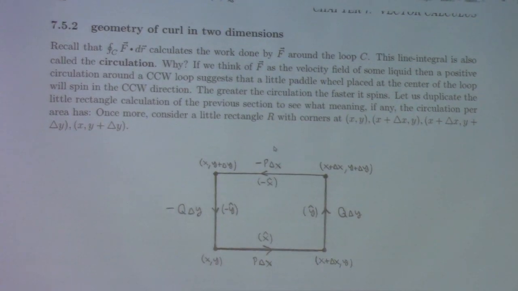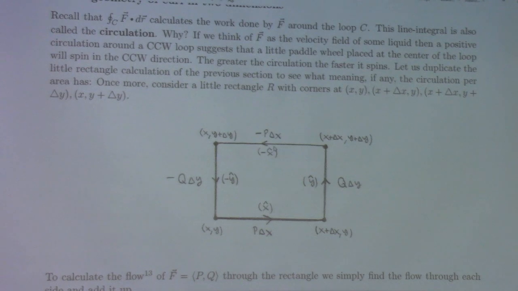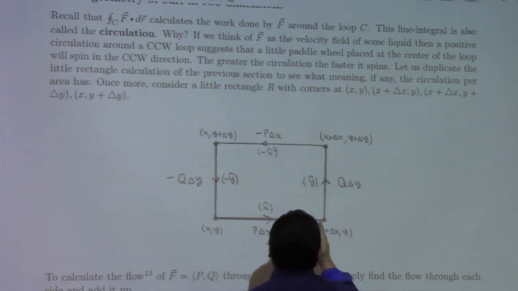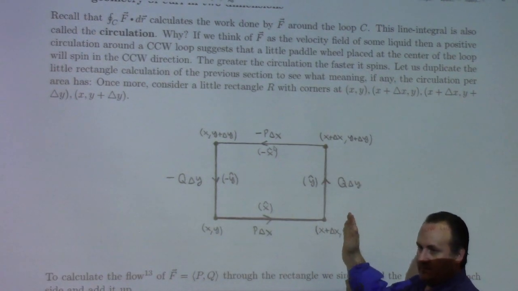So here is the picture for curl. I'm calculating how the PQ vector lines up with the little rectangle.